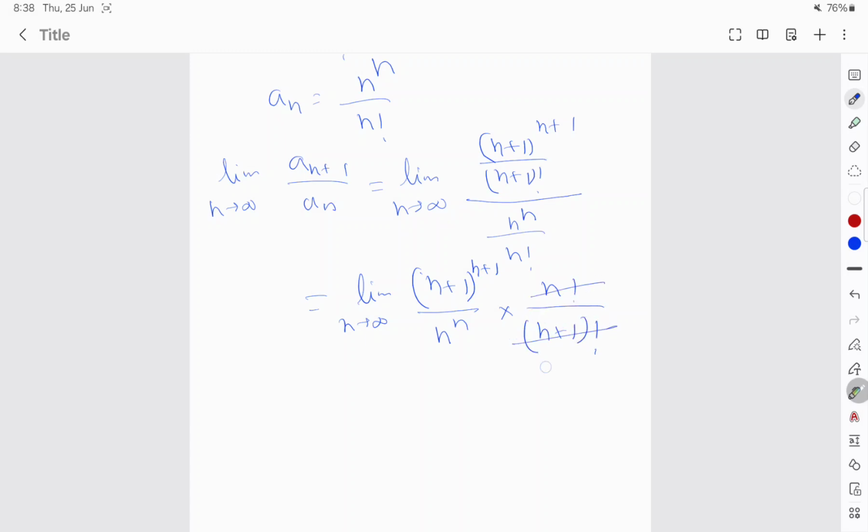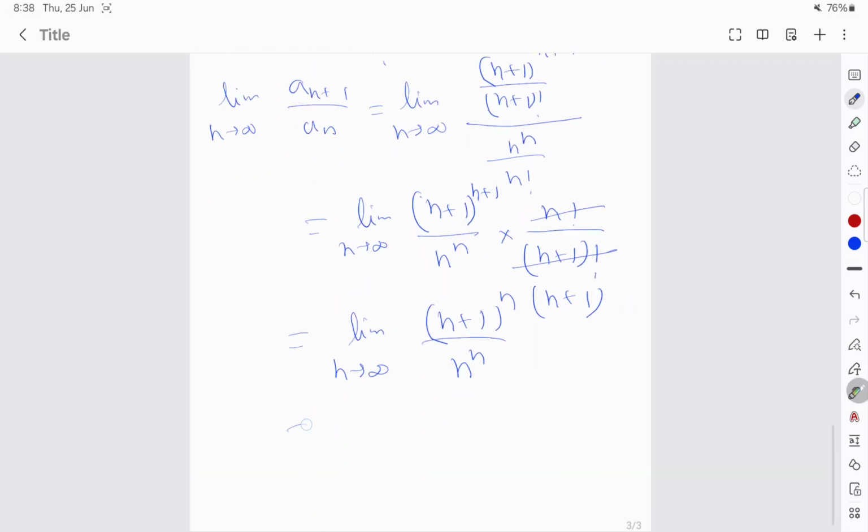If you cancel this one, you have n plus 1, and one n plus 1 you can cancel, so overall this actually gives you 1 plus 1 by n whole to the power n, and you know this value is actually e.